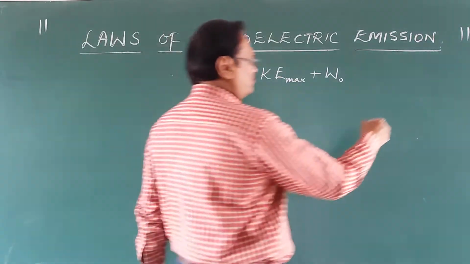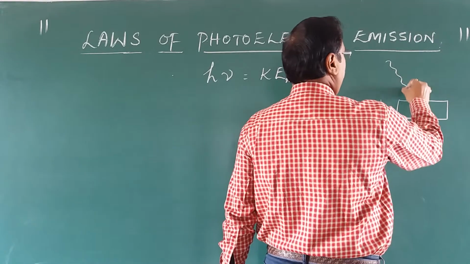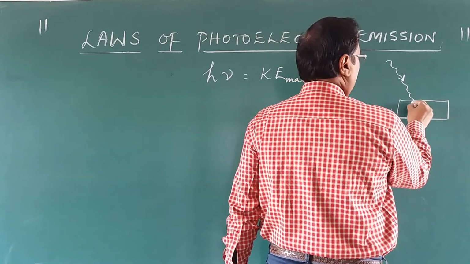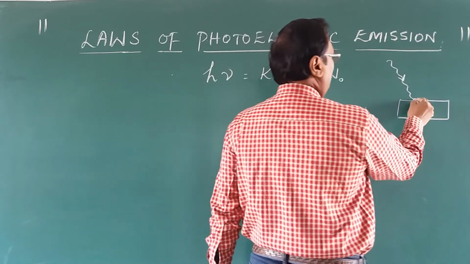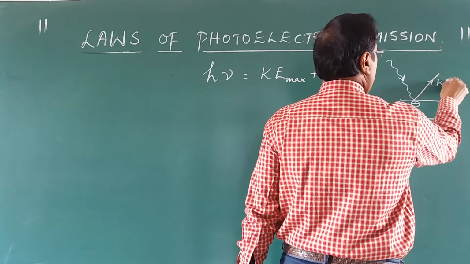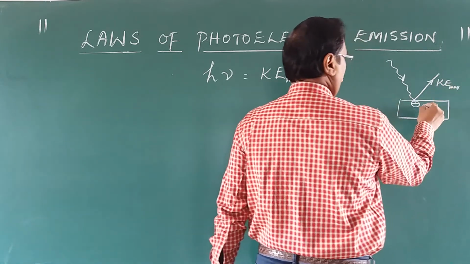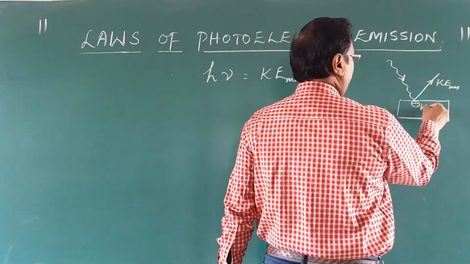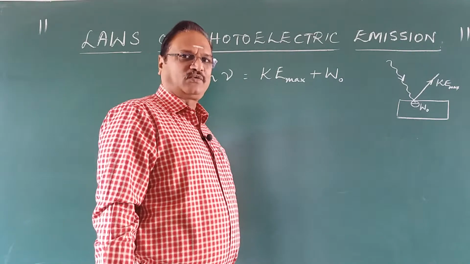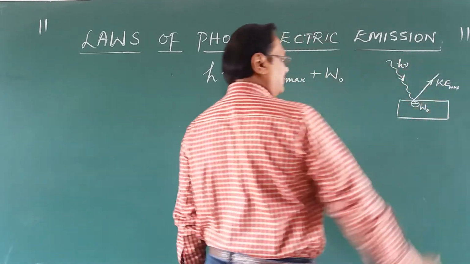It's a very simple process where you have a metal and you incident light of sufficient frequency, and the electrons in the outermost shell are ejected out of it, and it possesses kinetic energy because it is in motion, and there is a minimum energy required to remove the electron, that is W naught, the work function, and all the energy is supplied by the light.